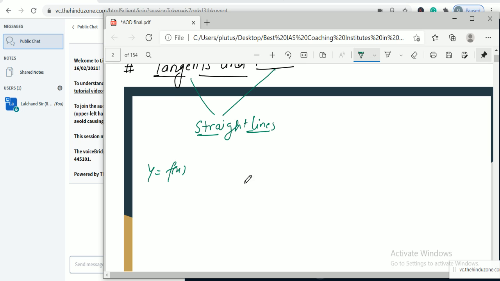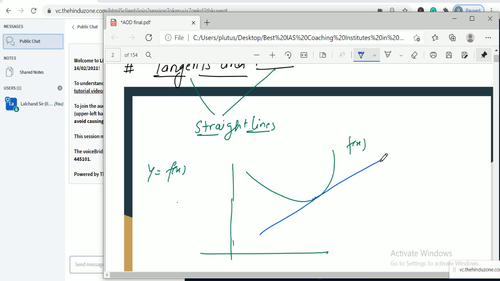Let's say this is a function f(x). Here at some point we need to write the tangent. If we draw a tangent, this is the tangent, and at this point the perpendicular line to the tangent, this is our normal.